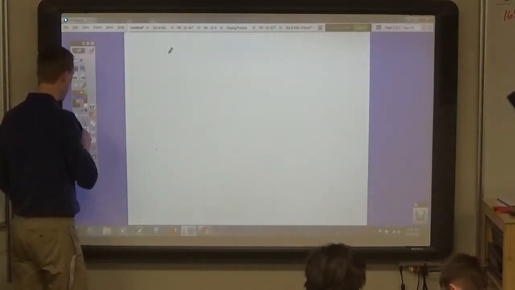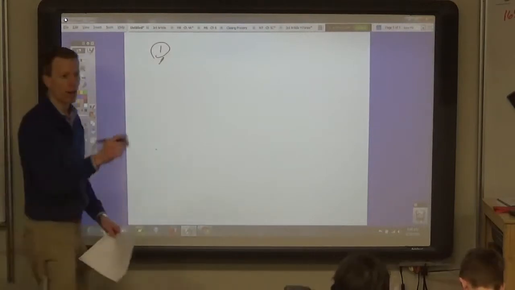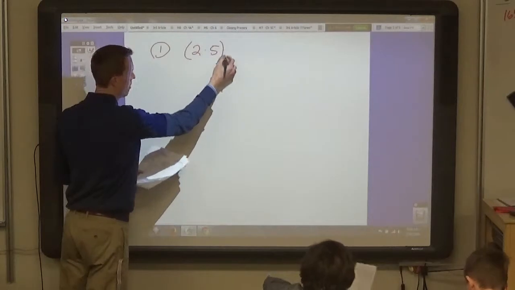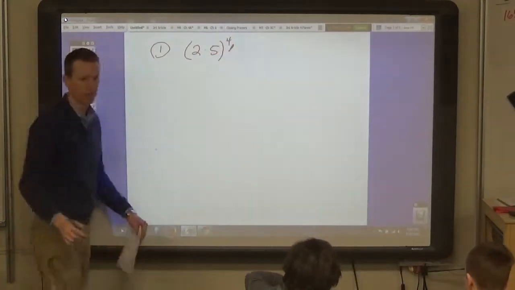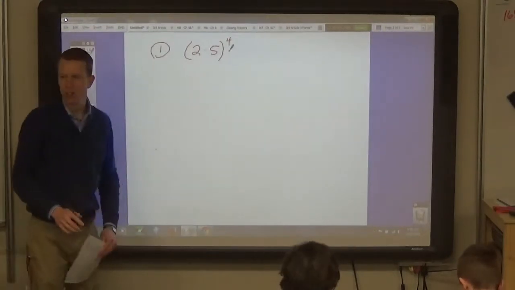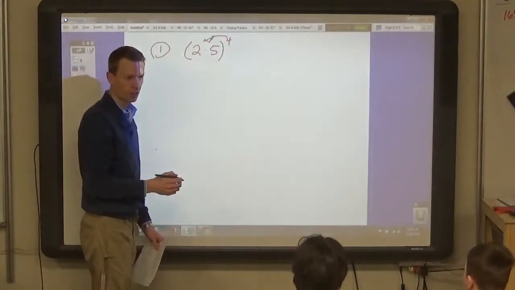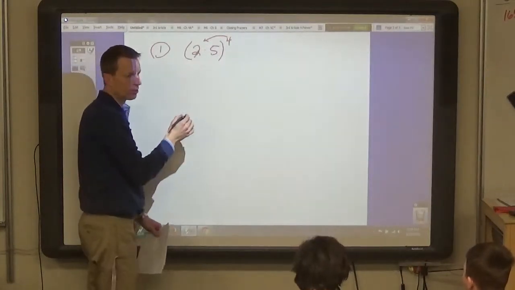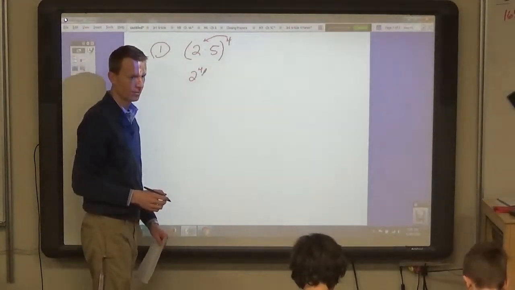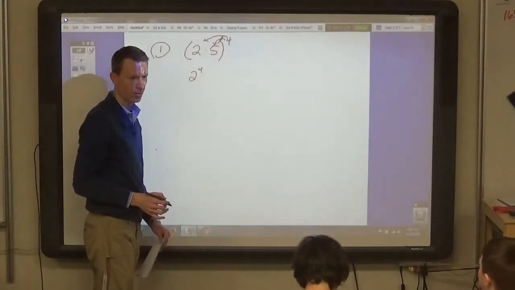So, for example, number 1. So 2 times 5 to the 4th power. Okay? Now, in this case, you could do this 2 different ways. You could apply the 4 to 2 first. So this would be 2 to the 4th power, and then 5 to the 4th power.